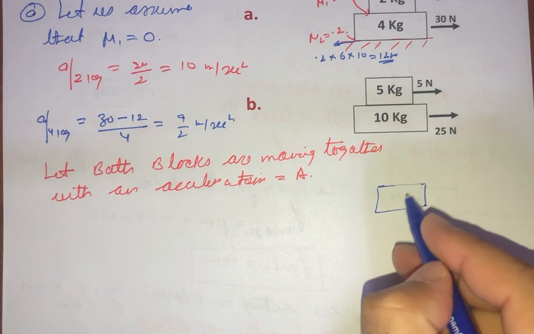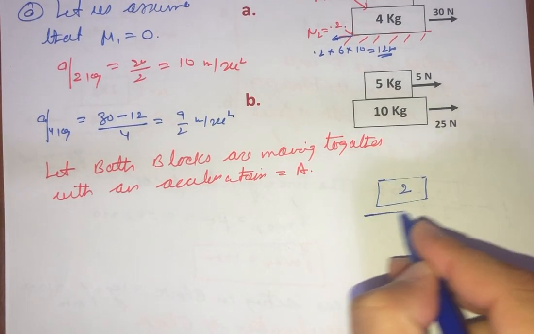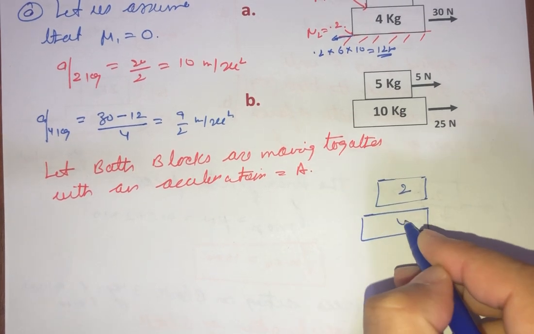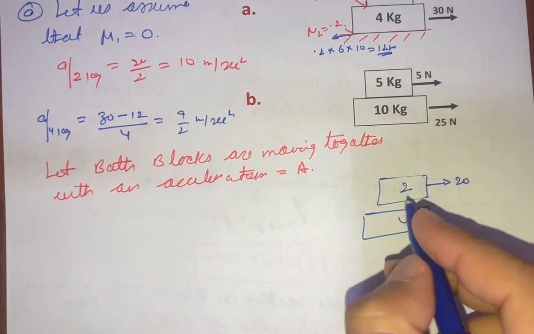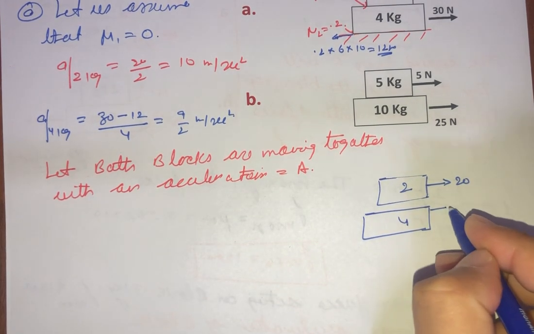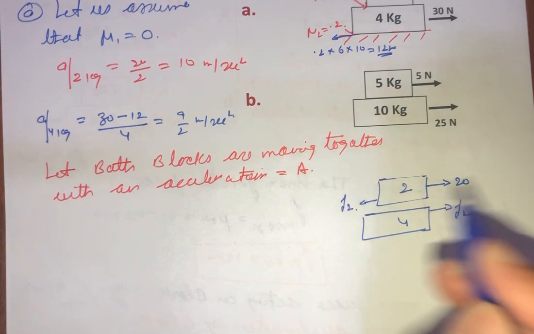So we have this 2 kg and this 4 kg, and a 20 Newton force is being applied on it. Because of this there will be F2 in this direction and F2 in this direction.